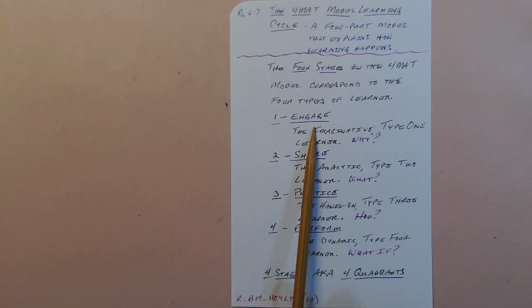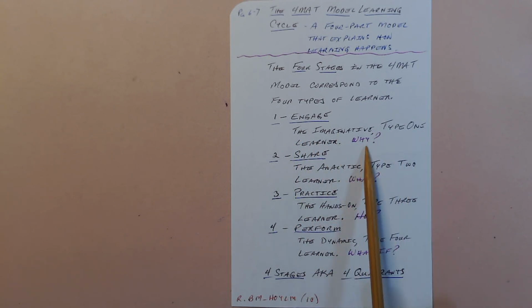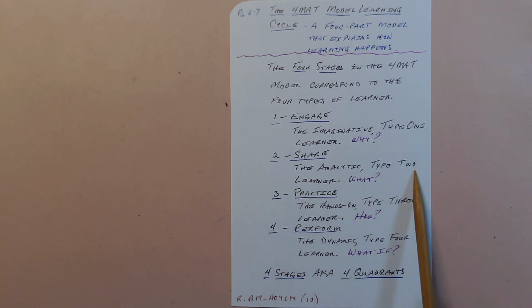Engage, she asserts, is the preferred learning stage for the imaginative type 1 learner, the learner who wants to know why. Share, she asserts, is the preferred learning stage for the analytic or type 2 learner who wants to know the question what. Stage 3 of learning, practice, is the stage that hands-on or type 3 learners most enjoy, and it answers the question how.